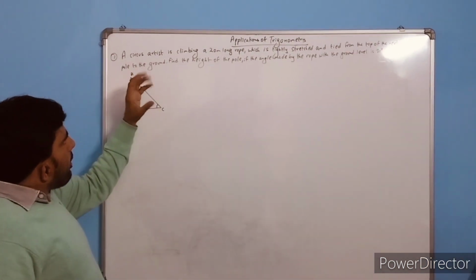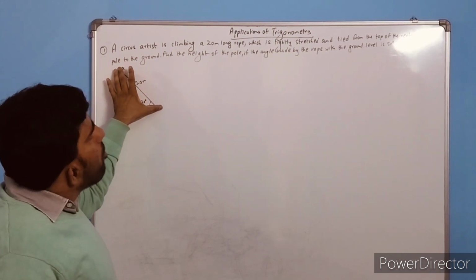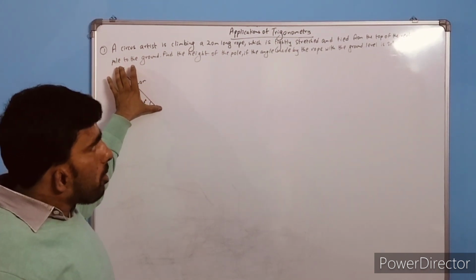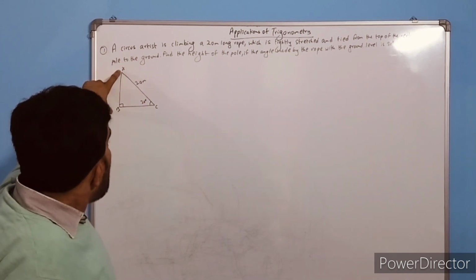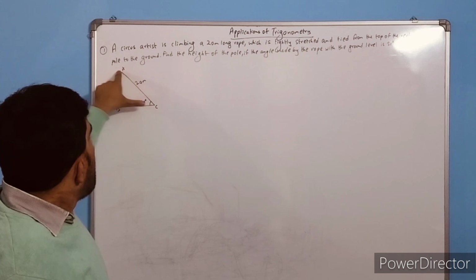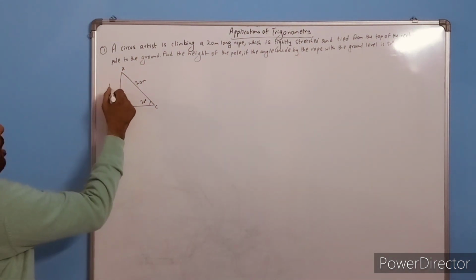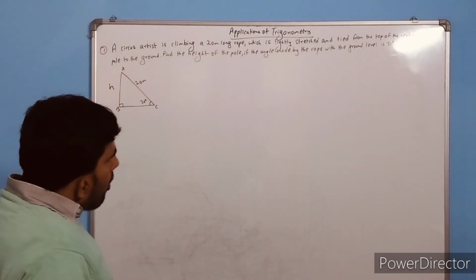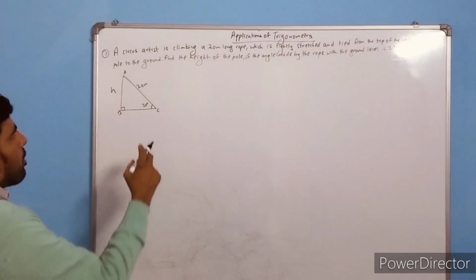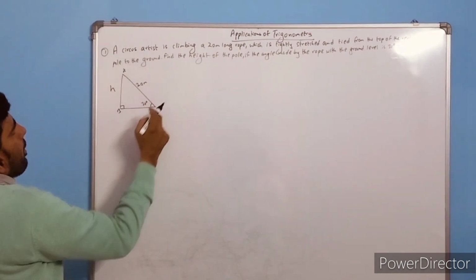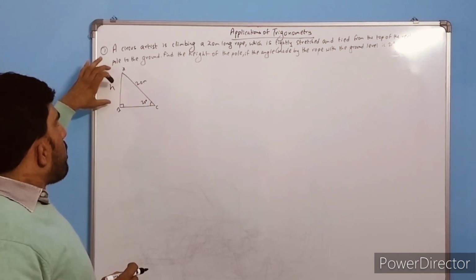A circus artist is climbing a 20-meter long rope which is tightly stretched and tied from the top of a vertical pole to the ground. We need to find the height of the pole if the angle made by the rope with the ground level is 30 degree.